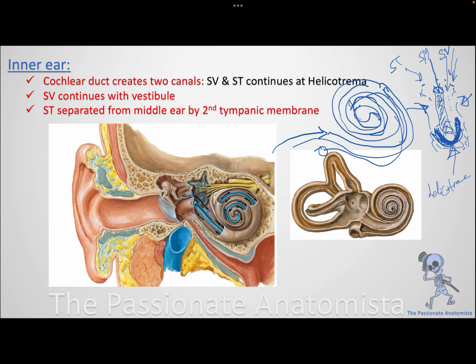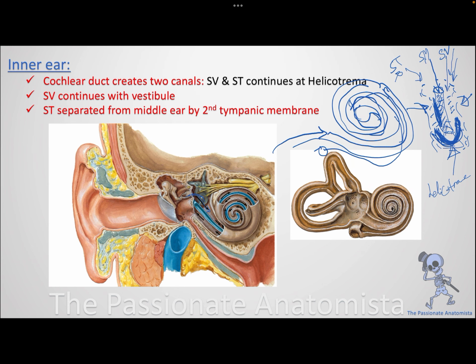But at the end of the day, my purpose here is, as I move the perilymph, I want to move the basilar membrane that separates the scala media from the scala tympani, because on top of that I have my hair cells that I want to activate so that I can hear. We're going to talk about that in more detail as we proceed.